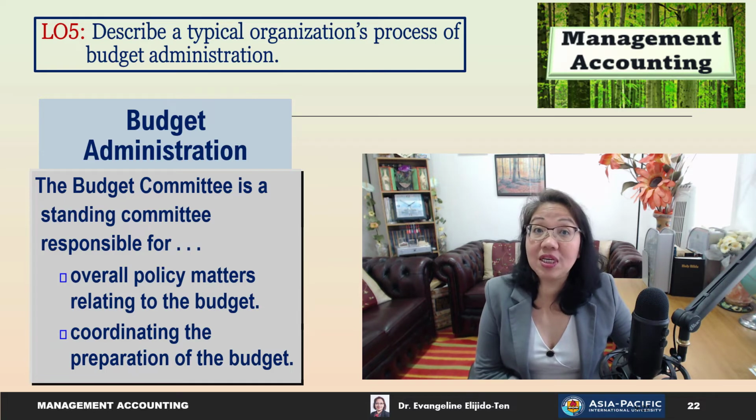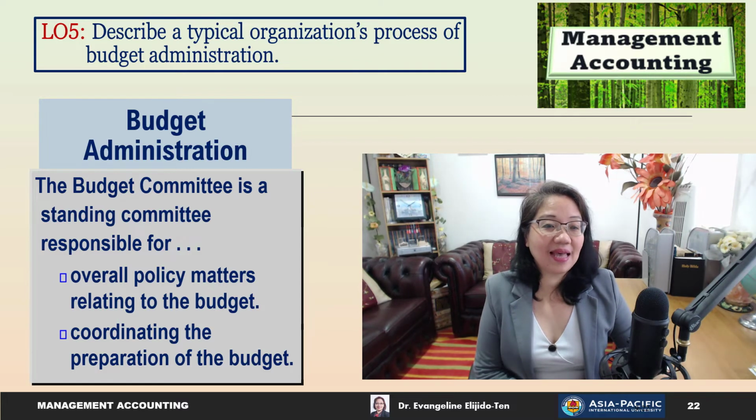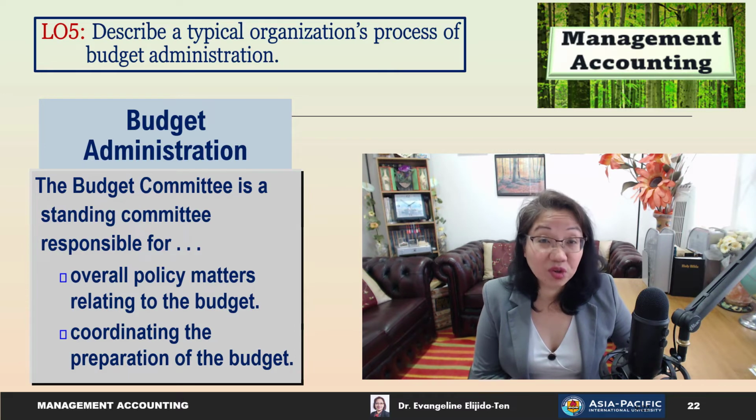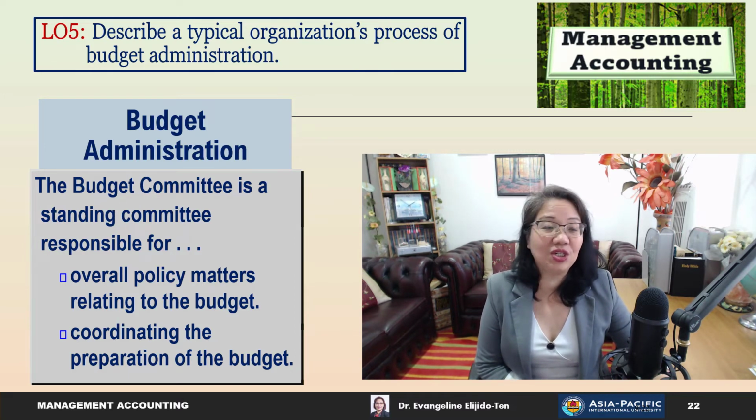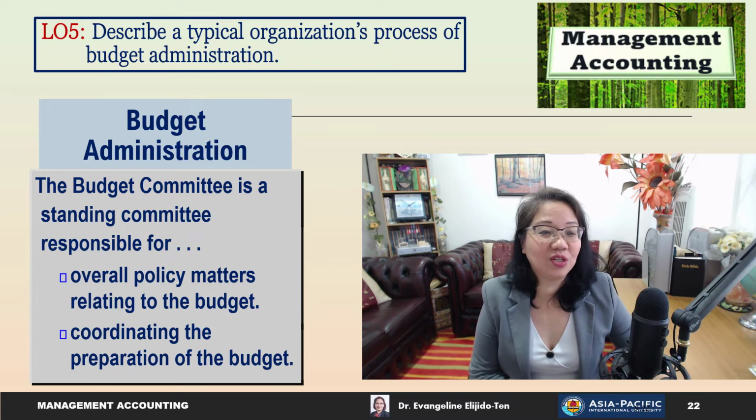The authority to give final approval to the master budget usually belongs to the board of directors of the company. By exercising its authority to make changes in the budget and to grant the final approval, the board of directors can have considerable influence on the overall direction of the organization.